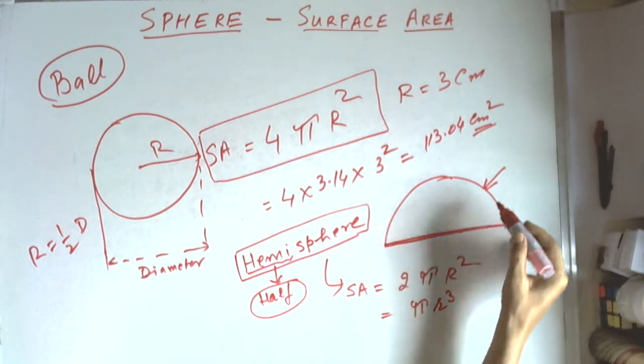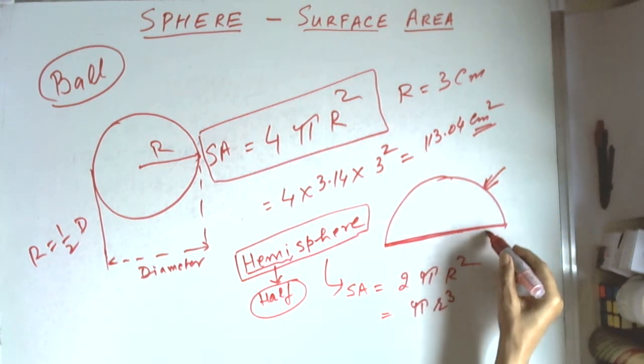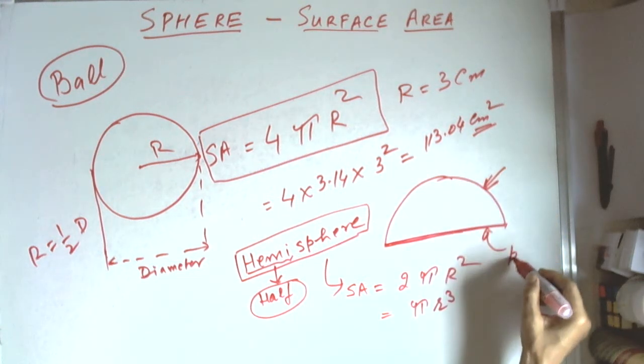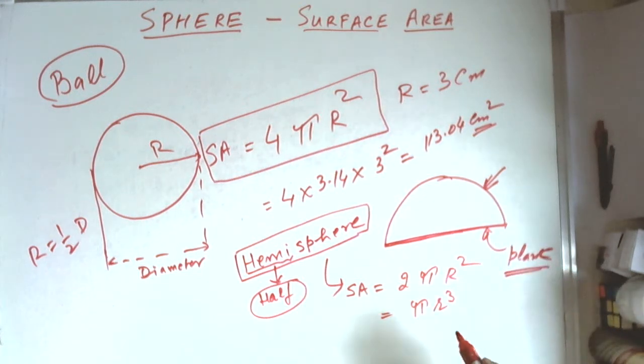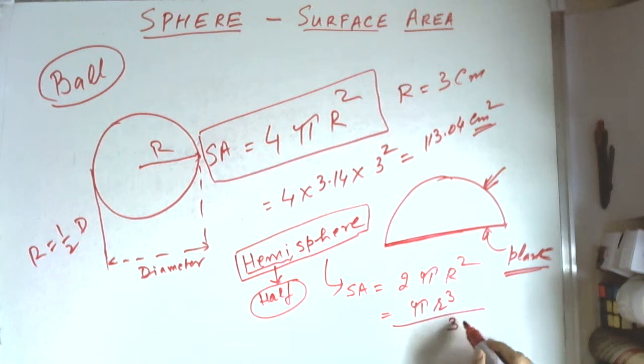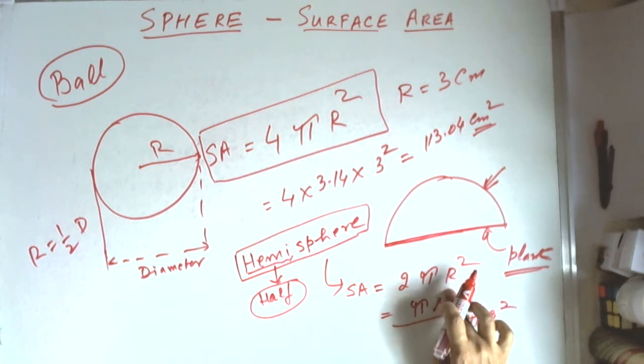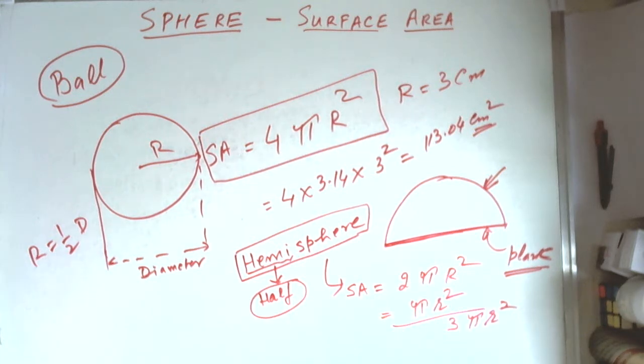This is a plane surface. If we include this plane surface also, then the total area will become 3 pi r square, not cube, square only. So 3 pi r square. So 2 plus 1.